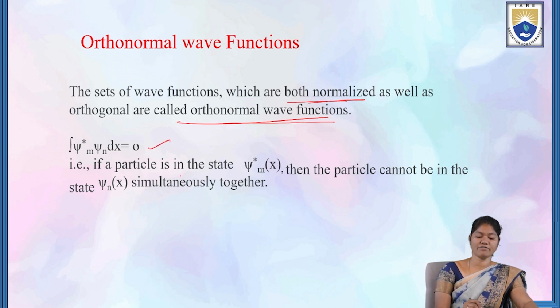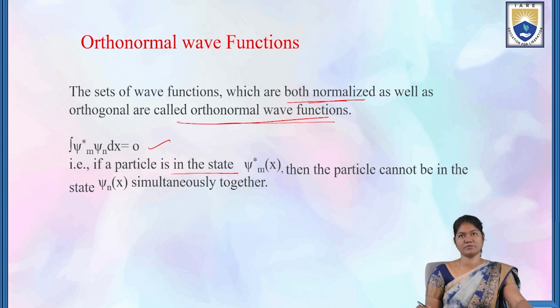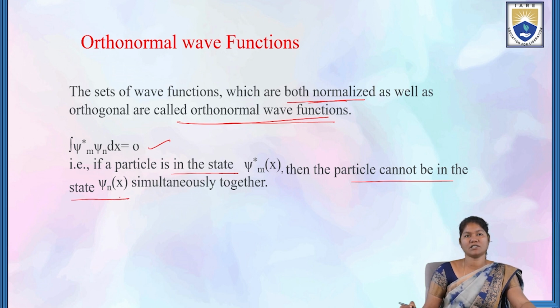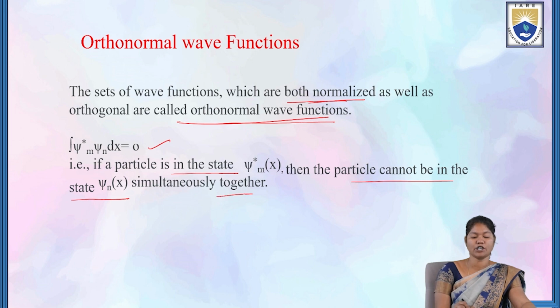That is, if a particle is in the state psi m of x, then the particle cannot be in the state with the wave function psi n of x simultaneously.